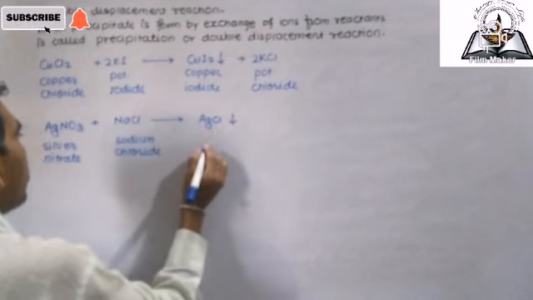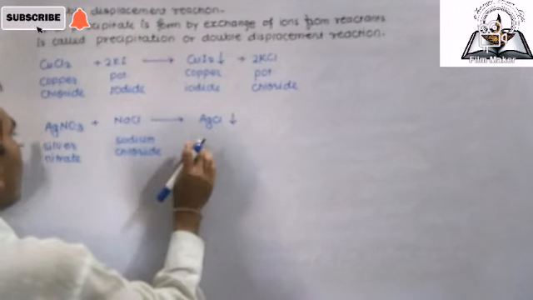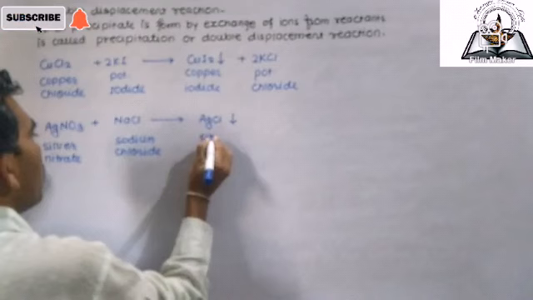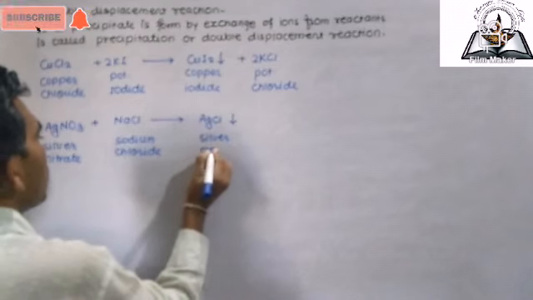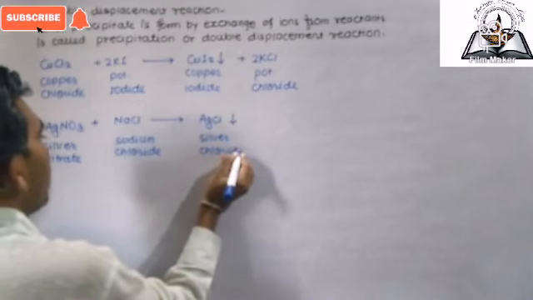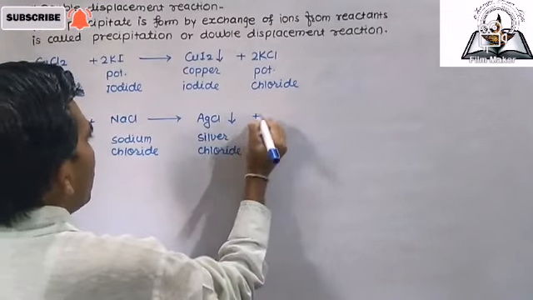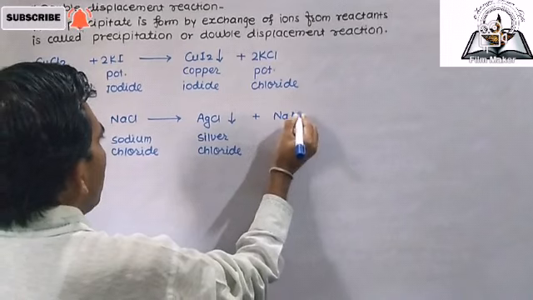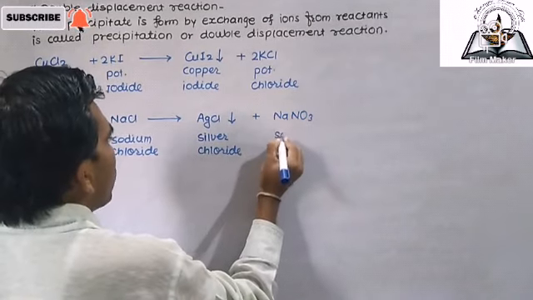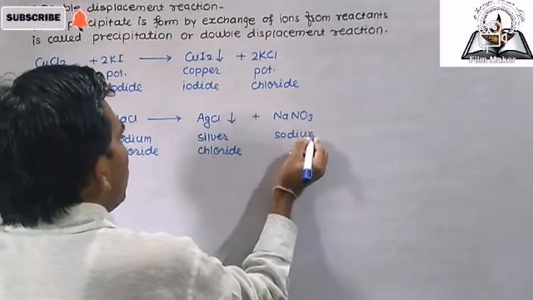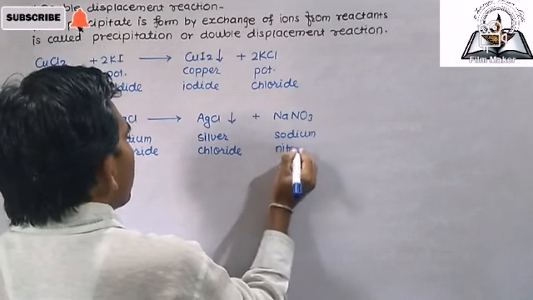Precipitate is obtained, ग्रे कलर precipitate मिलेगा ये. So particularly इसका नाम जो है वो है silver chloride. So silver chloride is obtained by exchange of ions. So AgCl and NaNO3 is obtained, that is sodium nitrate. So sodium nitrate solution is also obtained.